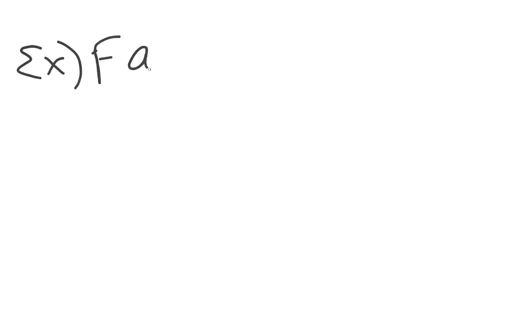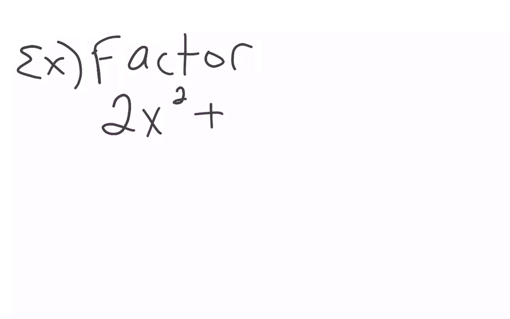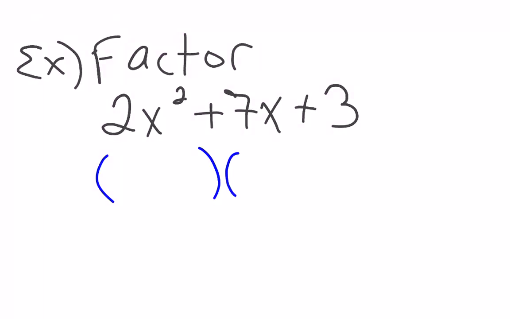So these ones will say factor, and we'll have 2x squared plus 7x plus 3. Our goal on these is to kind of unfoil, that's what factor means, go back to the 2 binomials before they were foiled together to get this trinomial.